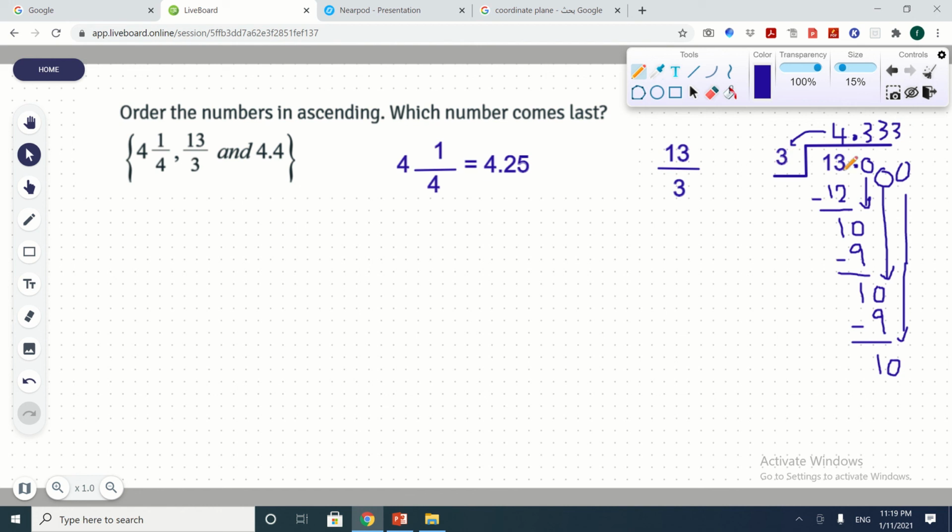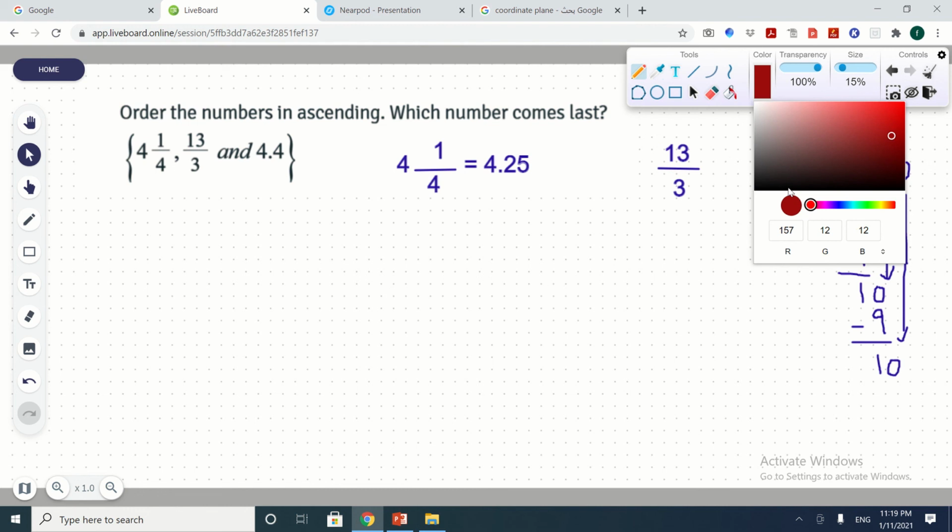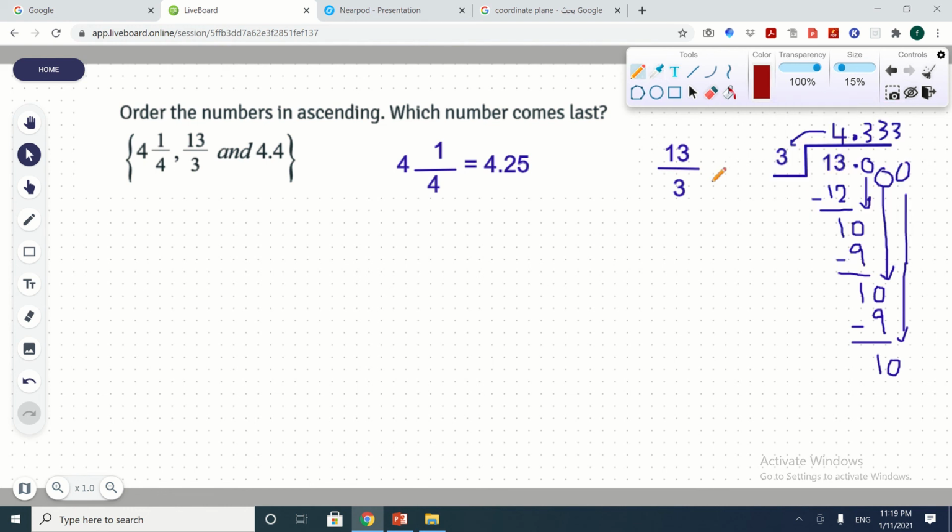We must stop here. The answer, I will put in another color to be clear for you, will be 4.3, and this number is a repeating decimal. Okay, I have this one, this one, and this one. Now I can write them in ascending order, from the smallest number to the greatest.